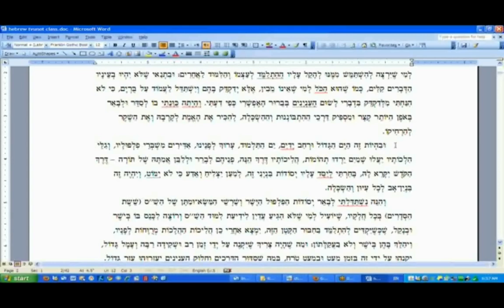L'man yatzliach, in order that I, the Ramchal, should be successful, and I'll know that what I'm saying is not going to be a passing fancy. I'm going to make the basis of my study based on the Gemara.